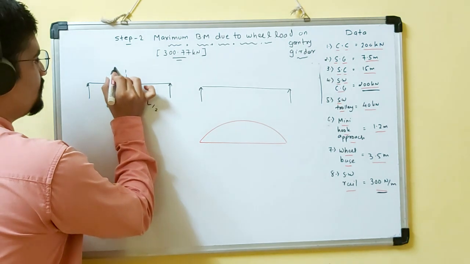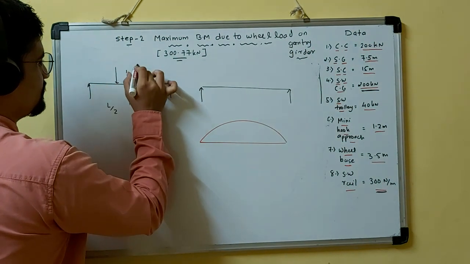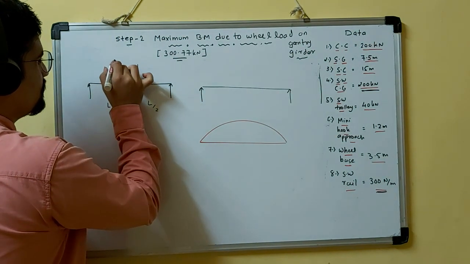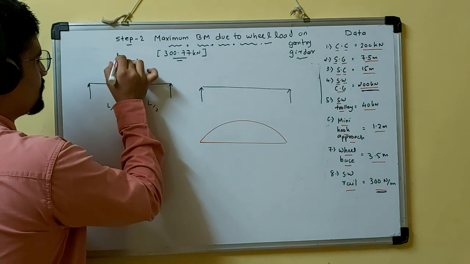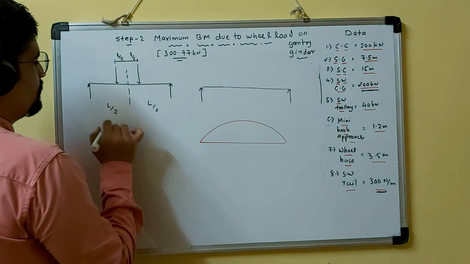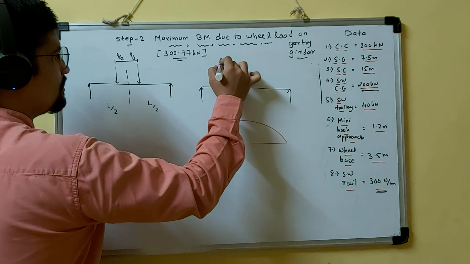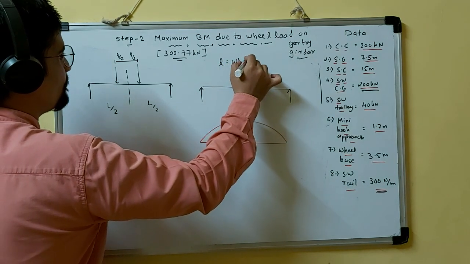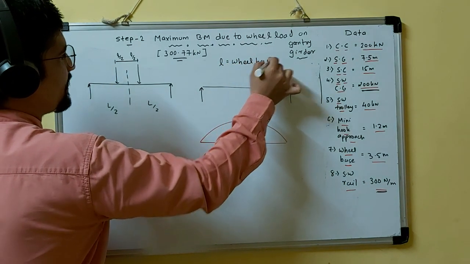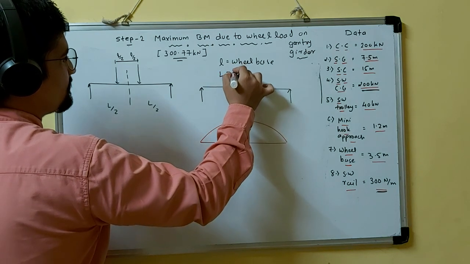And our wheels will also be placed symmetrically about the center, small l by 2, small l by 2. Small l is equal to what? Wheelbase. And capital L is equal to what? Span of gantry girder.